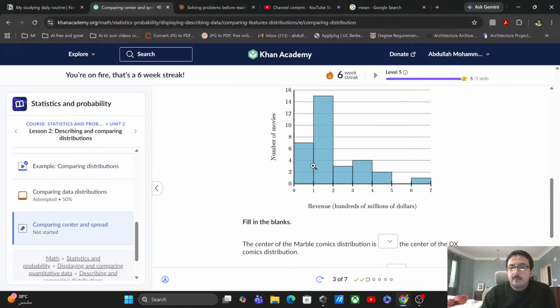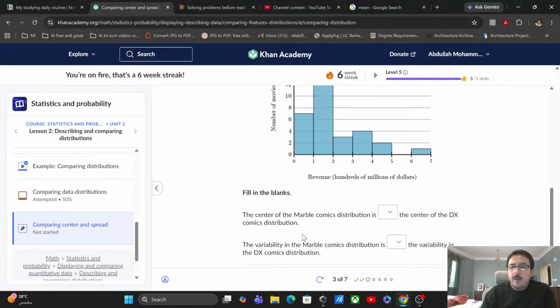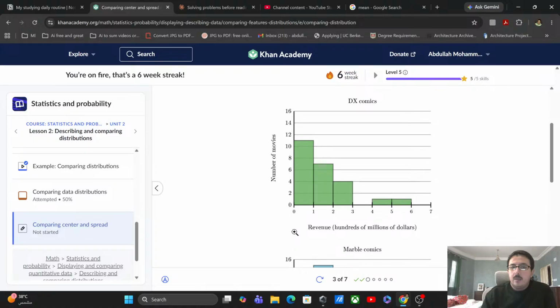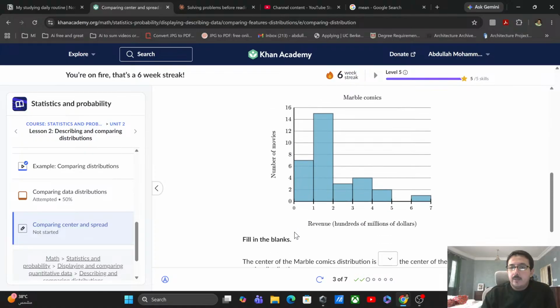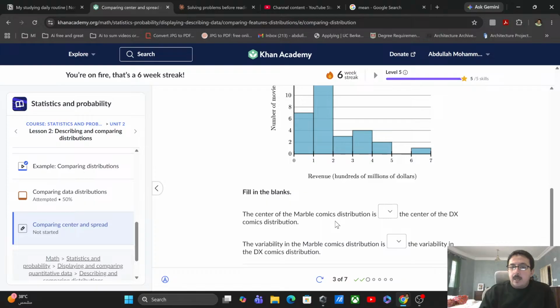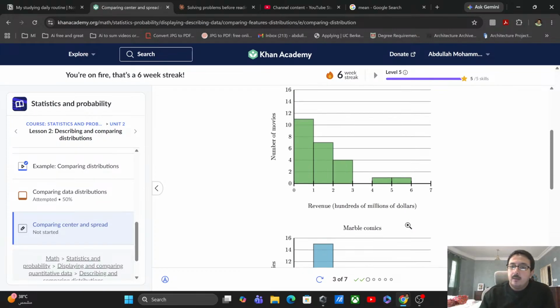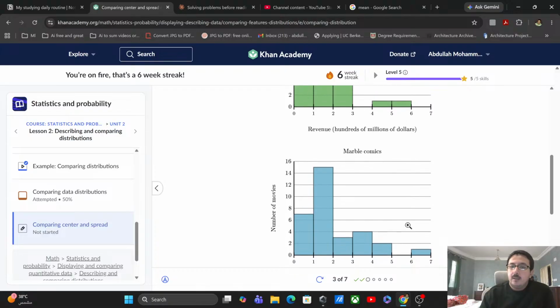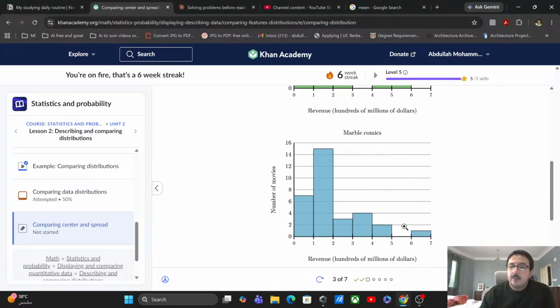Okay, center of the Marvel Comics distribution, the center of the DC Comics distribution. The DC Comics, Marvel Comics distribution, center of the DC. Marvel center is greater, I would say.